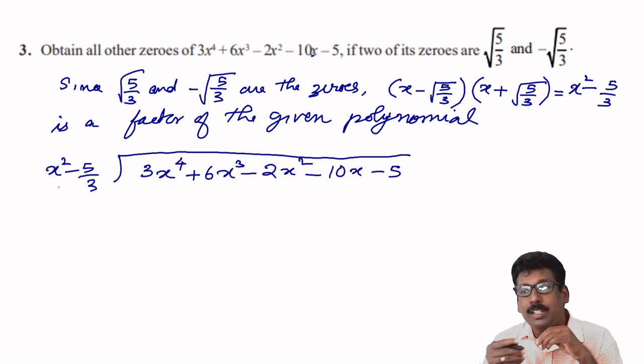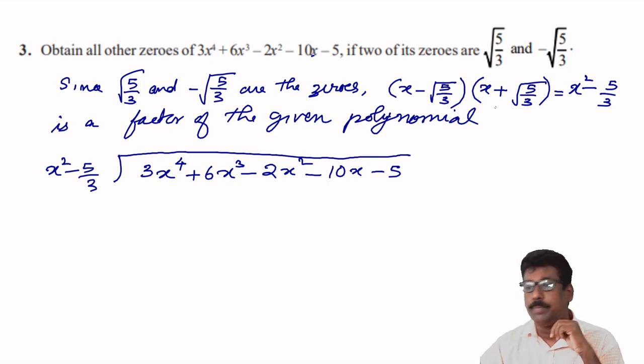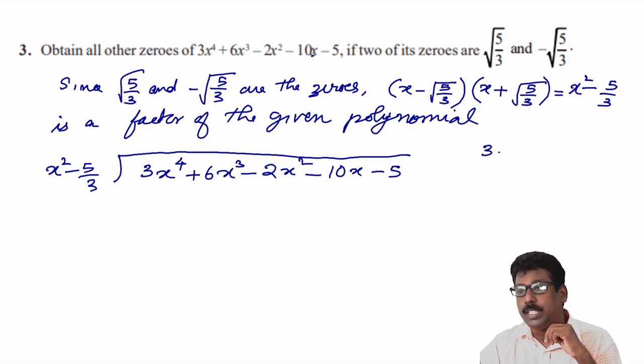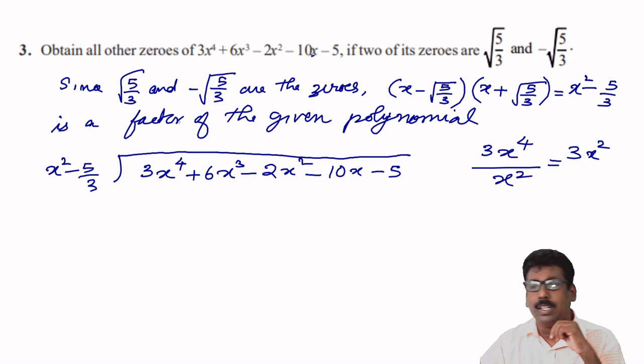Now you have to divide the given polynomial by x square minus 5 by 3. So you can write 3x raised to 4 plus 6x cube minus 2x square minus 10x minus 5 divided by x square minus 5 by 3. Now the first term in the dividend is 3x raised to 4. First term in the divisor is x square. So you get 3x square as the first term of the quotient.